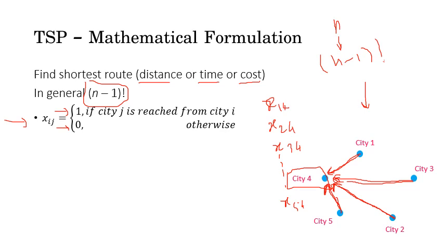Okay, so out of these 5 variables, only one will be 1. Which means that if in a particular possible way of a tour, the salesman approaches city 4 from city 2, then only x24 will be 1 and the remaining will be 0.